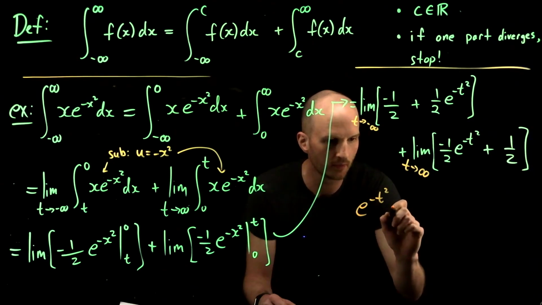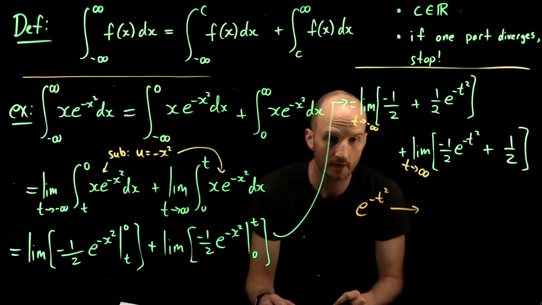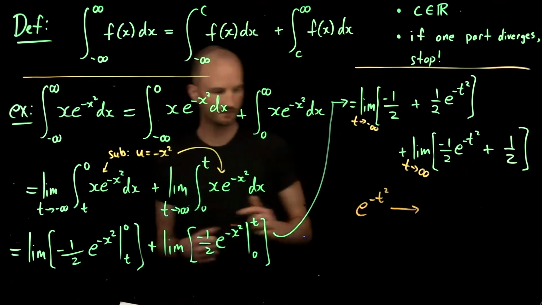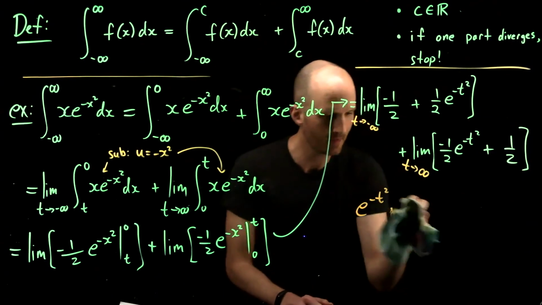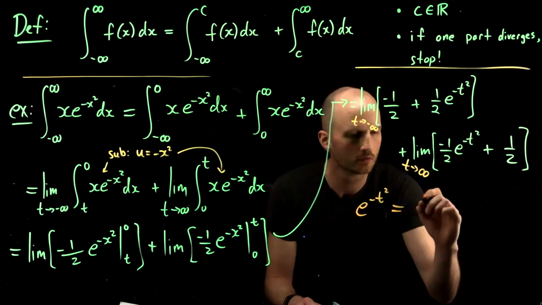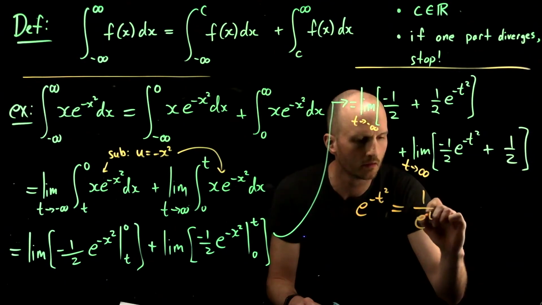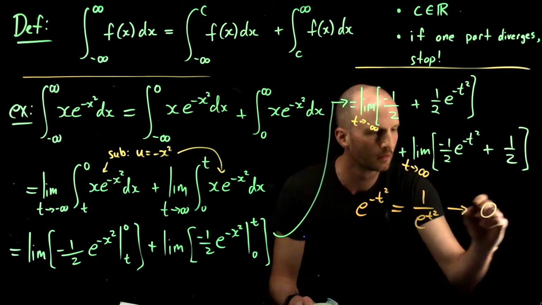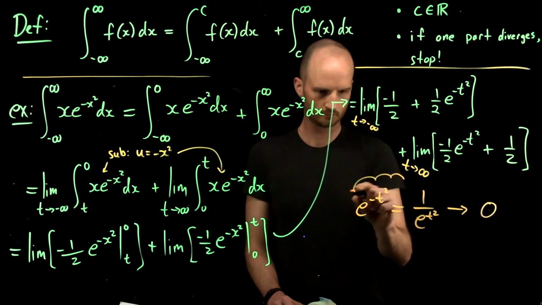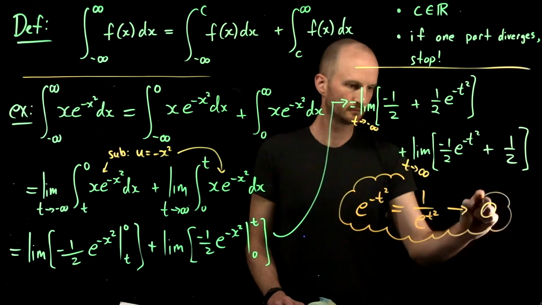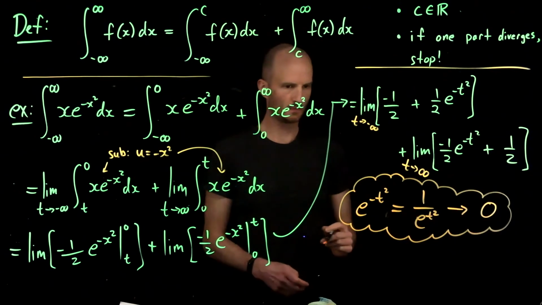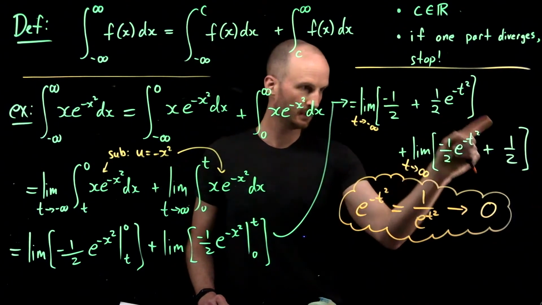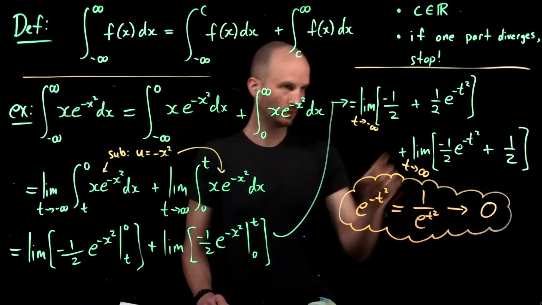So this is the key point here, this e to the minus t squared. When t goes to infinity or minus infinity, it doesn't really matter. You're going to get zero. It doesn't matter if I'm here or here.